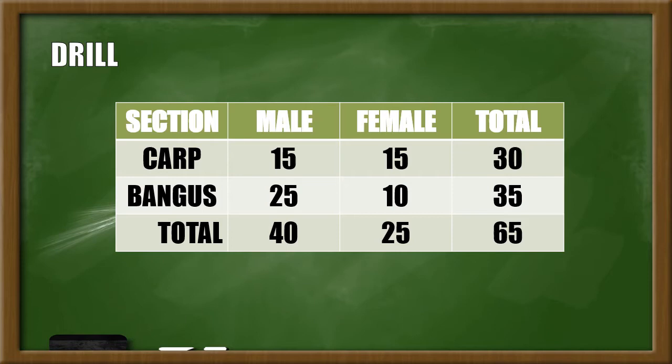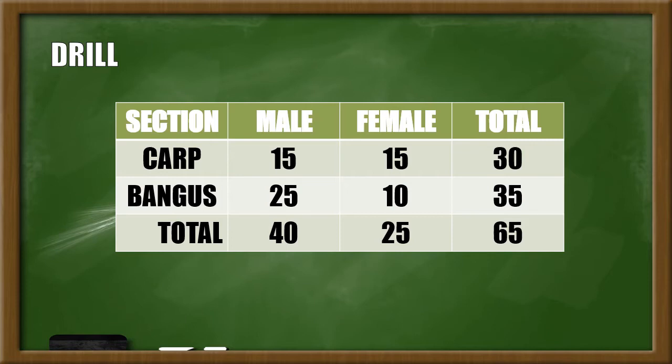Okay, I will read the data. So in section carp, the total number of males is 15. In female, 15. In total, 30.